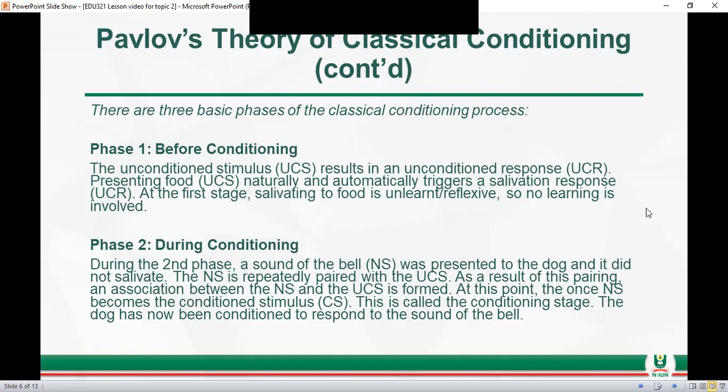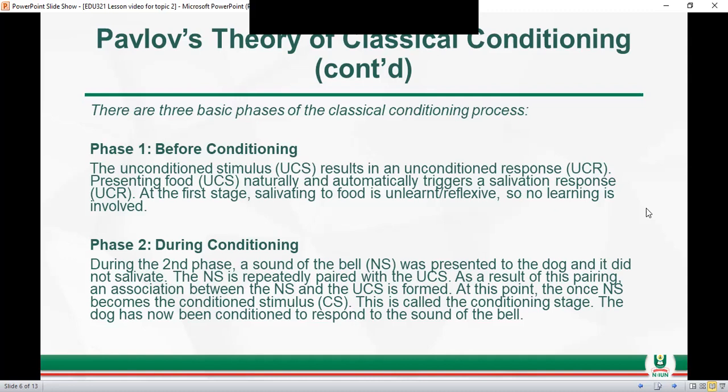The conditioning phase involves pairing a neutral stimulus with an unconditioned stimulus, that's the food. The food is an unconditioned stimulus. Please try to get used to this terminology as used in Pavlov's experiment.